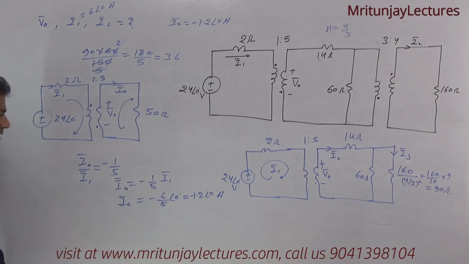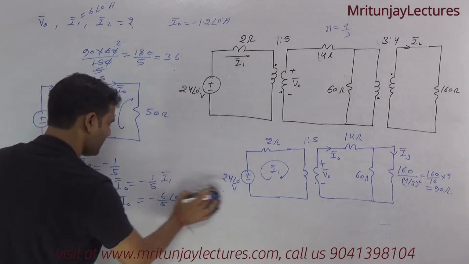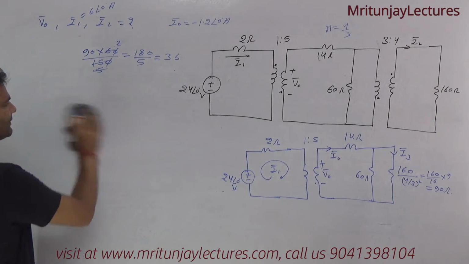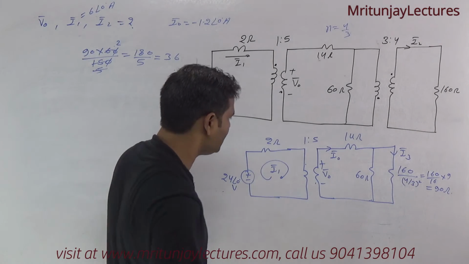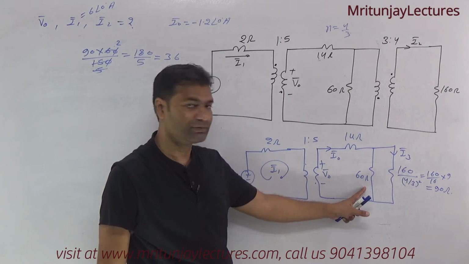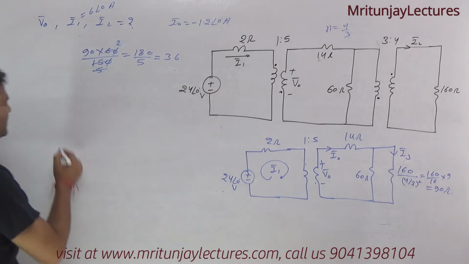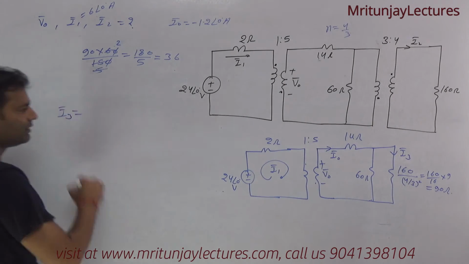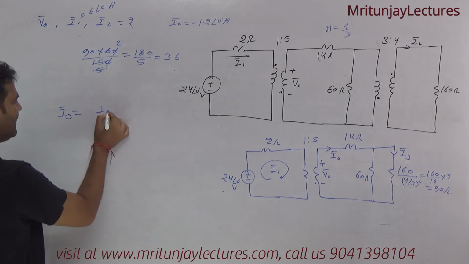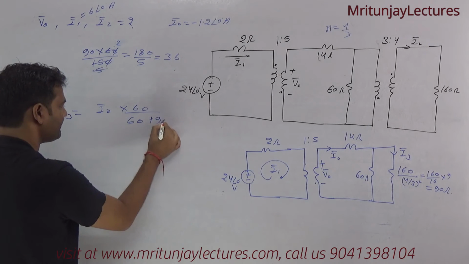Clear? Now what is our next target? We know I1 and I0. What about I3? With the help of the current divider rule, that is I0 into 60 divided by 60 plus 90.